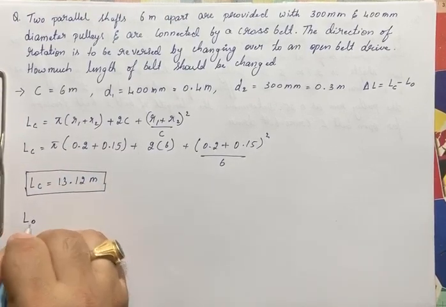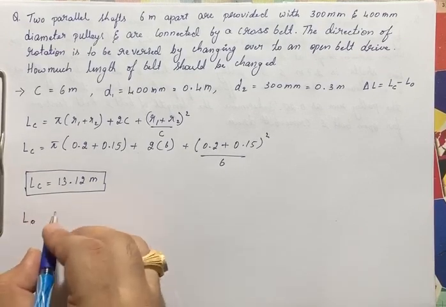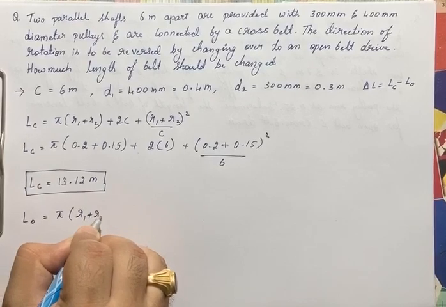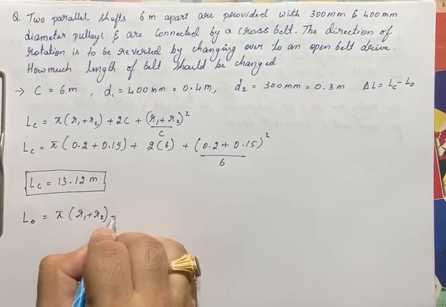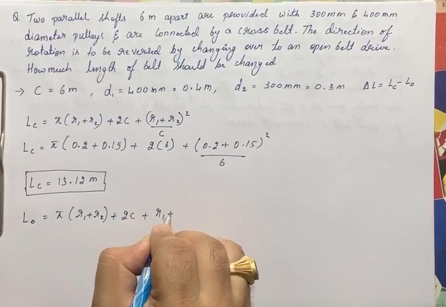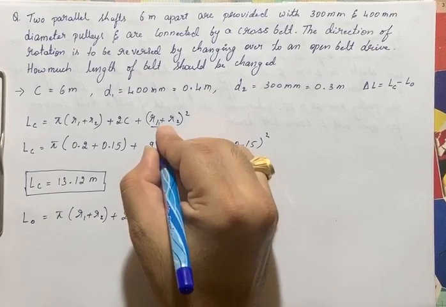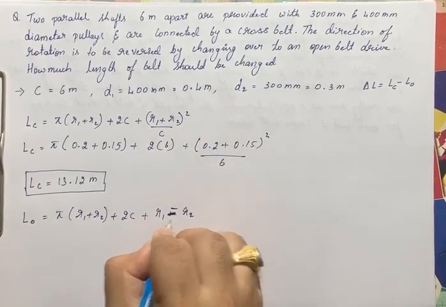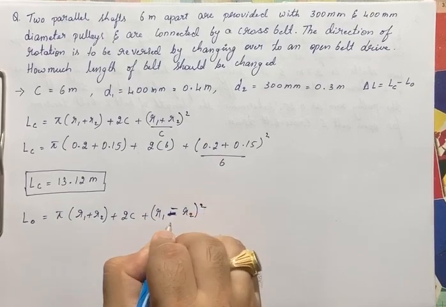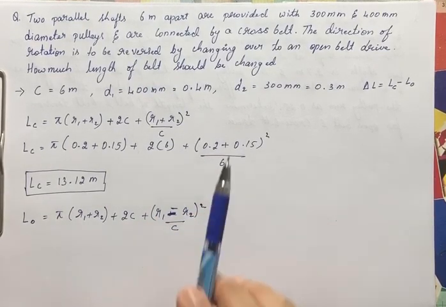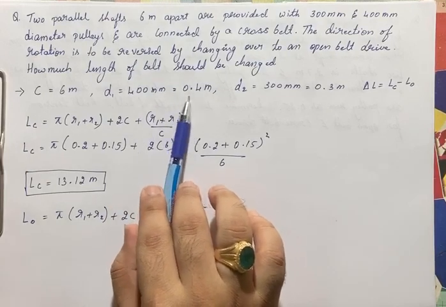Similarly, the formula of LO, the open belt drive, is pi into R1 plus R2 plus 2C plus R1 minus R2 whole square divided by C. Here the formula changes: in the cross belt it was R1 plus R2, and this becomes R1 minus R2. So I told you why we choose the larger diameter as D1.